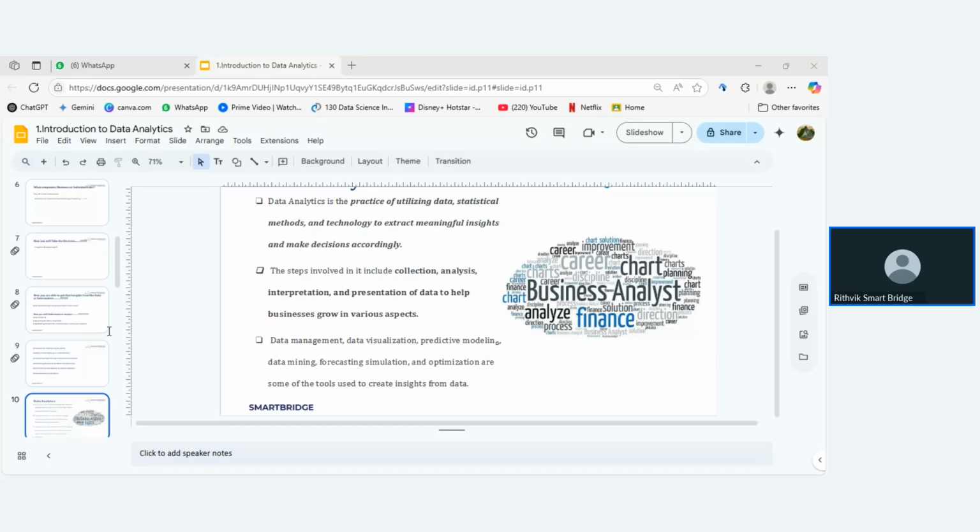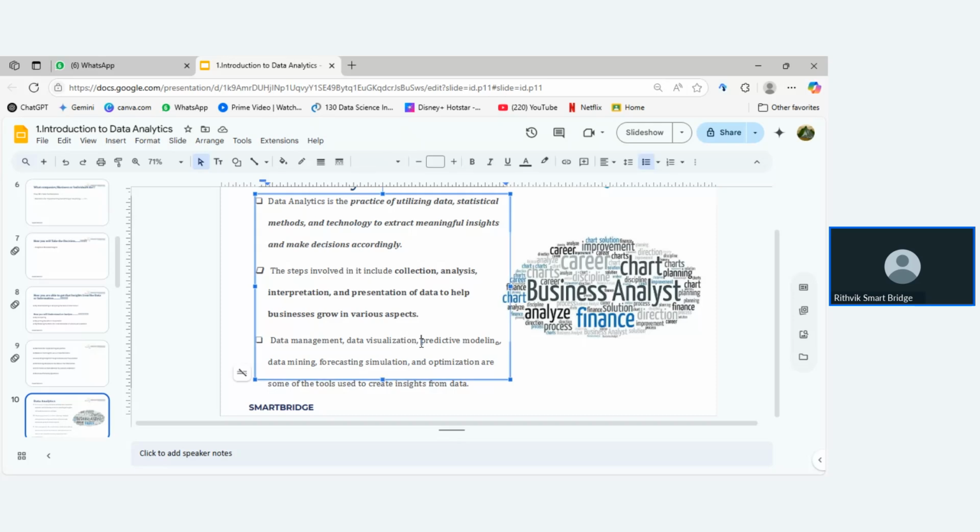What do you mean by predictive modeling? Yes, guys. Just try. No problem. Predictive modeling is basic. Okay, that's good.